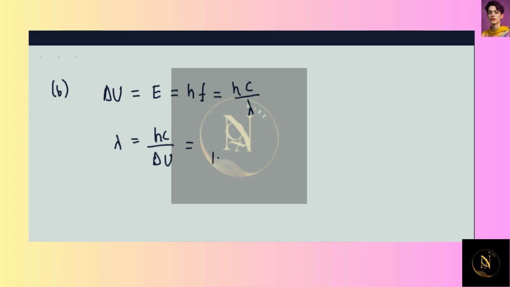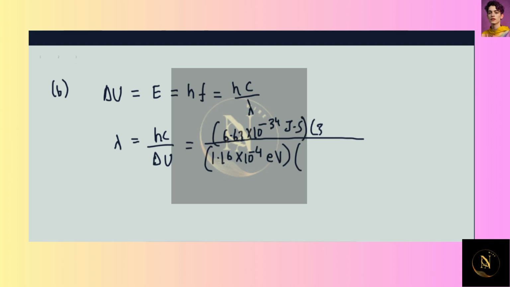So we have 1.16 times 10 to the power minus 4 electron volts, and the value for h is 6.63 times 10 to the power minus 34 joule seconds. c is 3 times 10 to the power 8 meters per second.